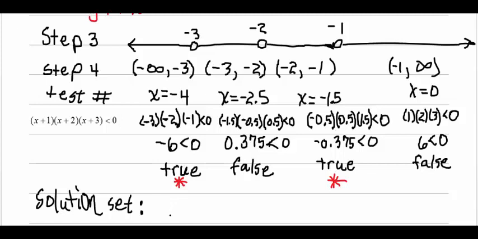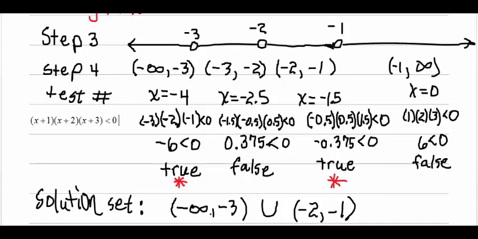So the solution set is all the numbers smaller than negative 3, united with all the numbers between negative 2 and negative 1. And you could actually test some numbers in these intervals to make sure that they really make the inequality true.